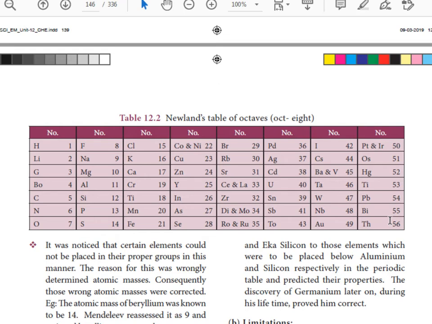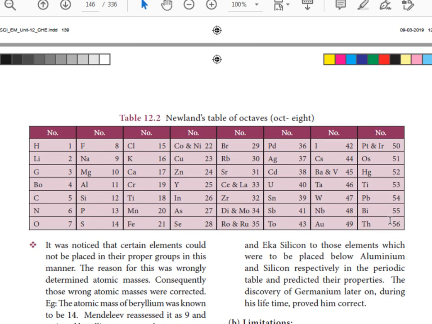And the last one is the discovery of inert gases. After the discovery of inert gases, the octave rule fails. If helium or any other gas comes in, it makes the ninth element similar to the first one. Earlier we said the first and eighth element should have equal character.